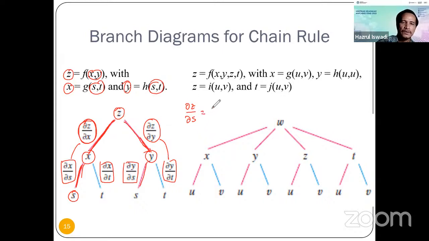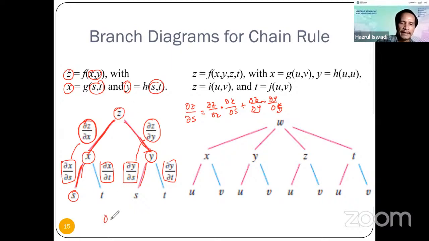So ∂z/∂x multiplied by ∂x/∂s plus ∂z/∂y multiplied by ∂y/∂s. Sorry, this will be here.